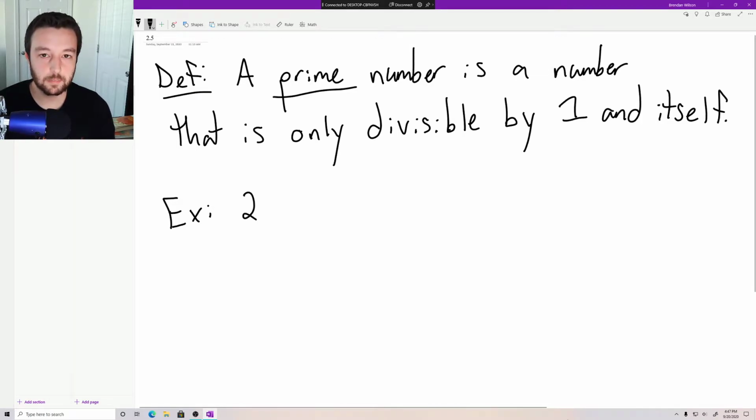Because if a number is to be divisible by a number, the other number has to be smaller. There's no whole numbers or counting numbers smaller than 2 other than 1, right? So it's divisible by 2 and 1. So kind of by default, it's a prime number. It's also going to be the only even prime number because any other even number is automatically divisible by 2. That's really what it means to be even.